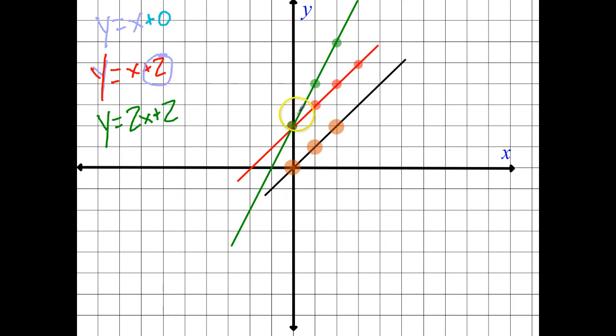When x was 0, they have the same spot on the y-axis for the second and third lines. So you'll notice this number at the second part there is what tells you the y-intercept. Hopefully that gives you a little bit more idea of what an intercept is.